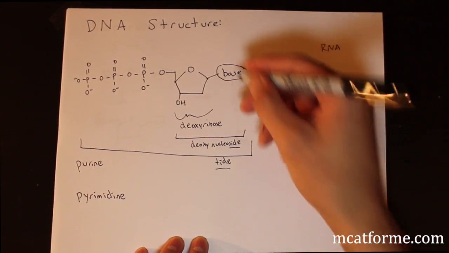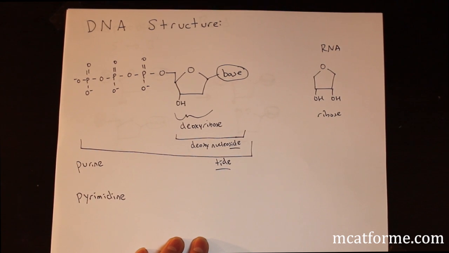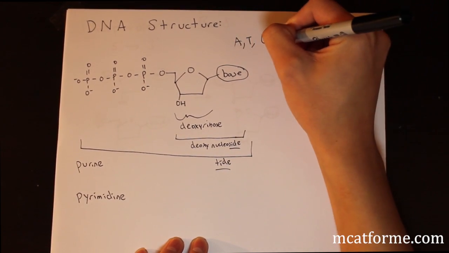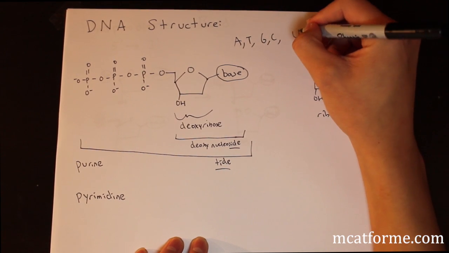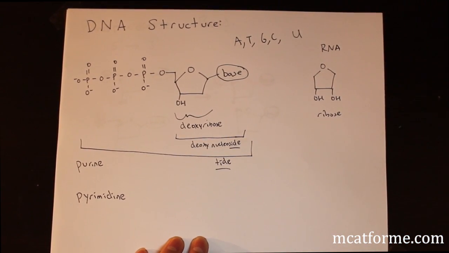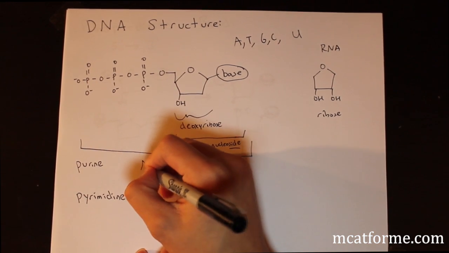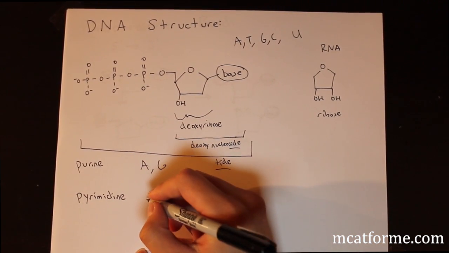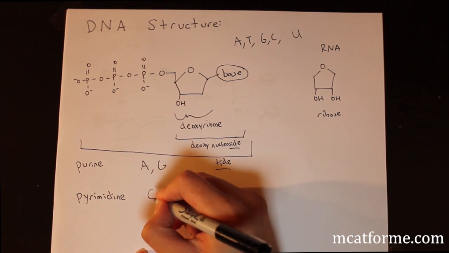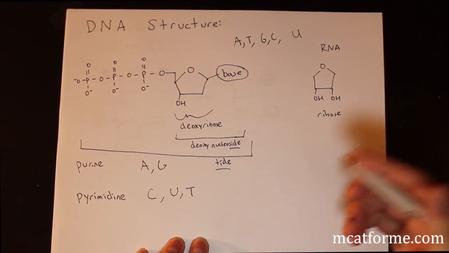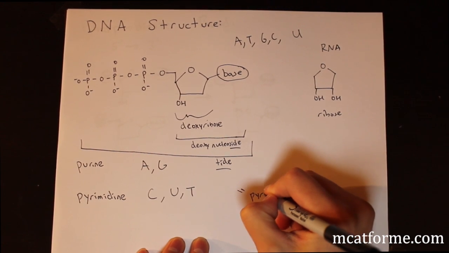So what are these bases? These bases can be a couple of things. They can be A, T, G, C, and in the case of RNA, they can be U. For purines, these would be the A and the G, adenine and guanine. And for pyrimidines, they are C, U, and T. One way to remember this is "pyramids cut."